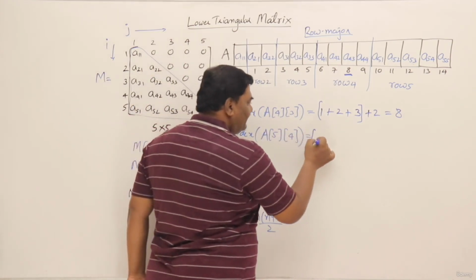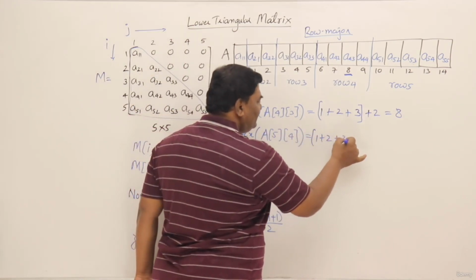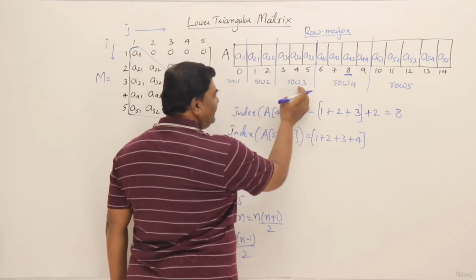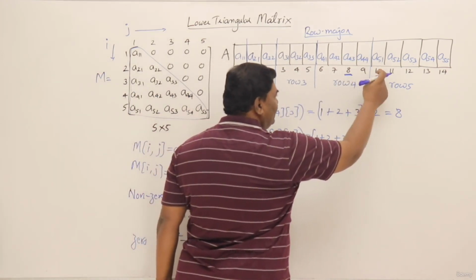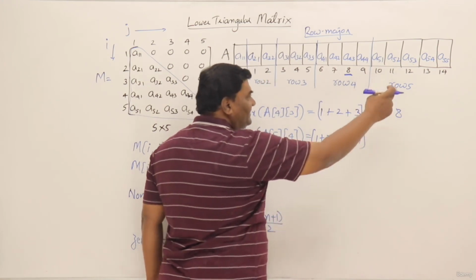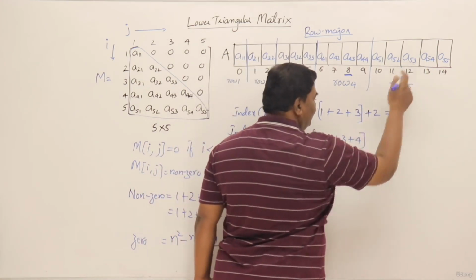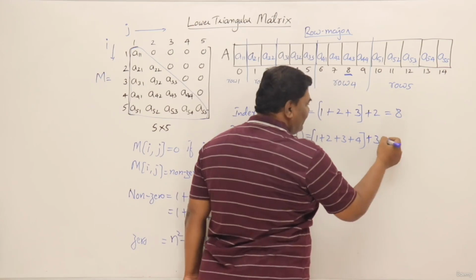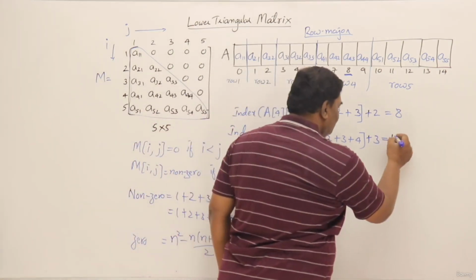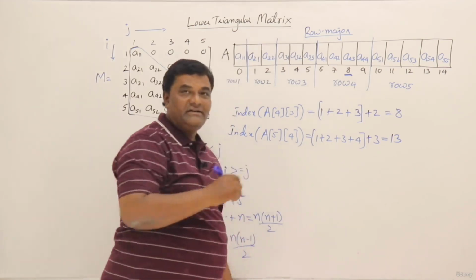The first row has 1 element, the second has 2, the third has 3, and the 4th row has 4 elements. So I have skipped the first, second, third and 4th rows, and I am at the beginning of the 5th row. From here, how many steps should I take to reach 5, 4? 1, 2, 3. So plus 3. If you add, this will be 13. So yes, I got the index.